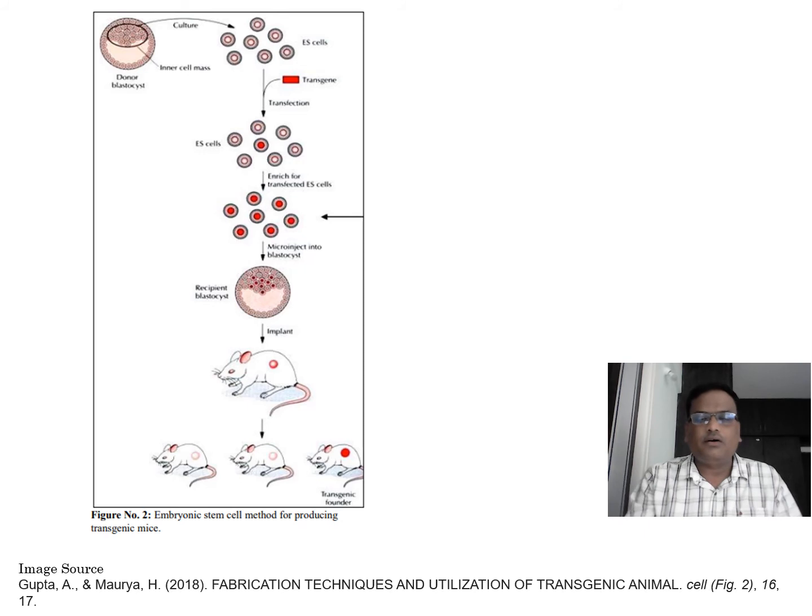The second method of producing transgenic animals is the use of embryonic stem cells. In simple terms, they get the stem cells from the blastula stage of the embryo. These are the blastocells.